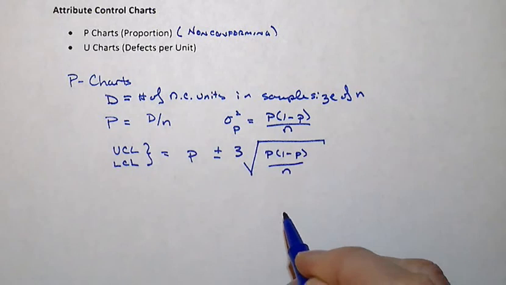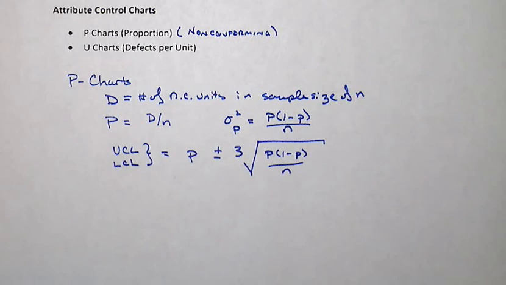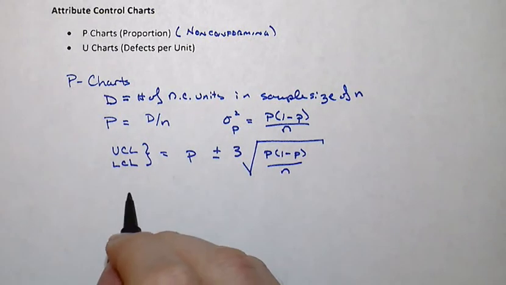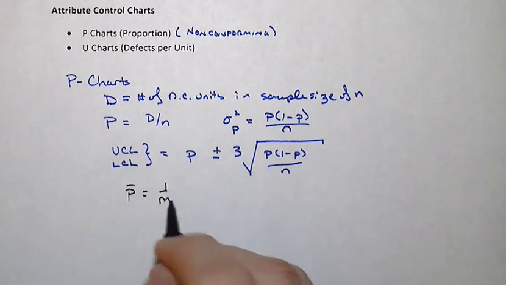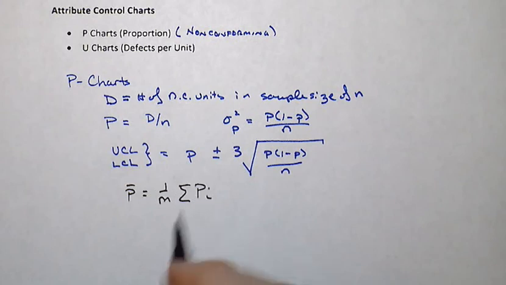Right? And now if we have a process where we have many subgroups that we've collected data from, then our P bar is going to come from the arithmetic average of our individual subgroups.